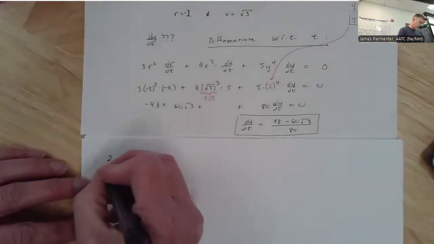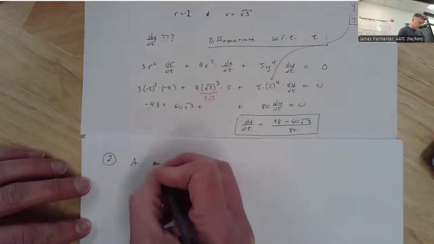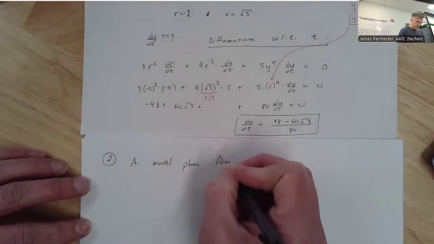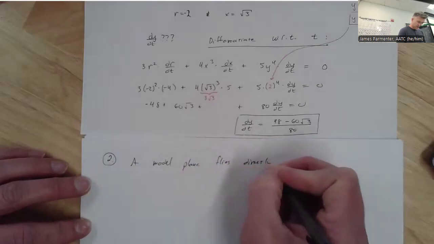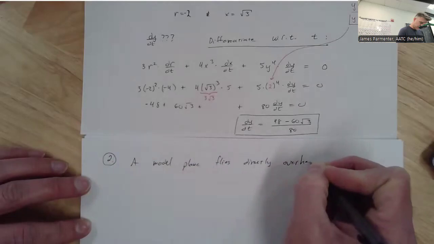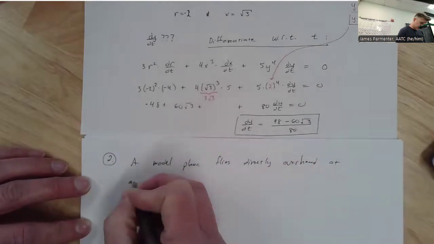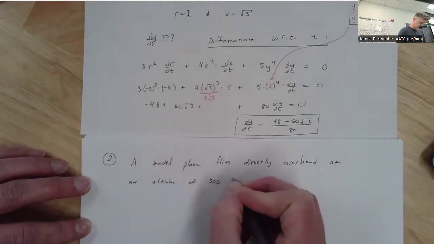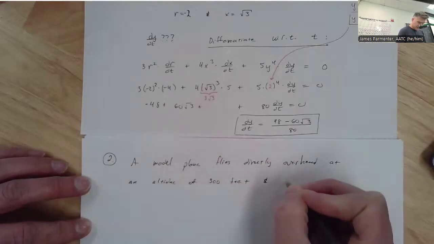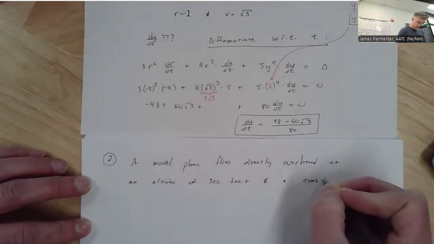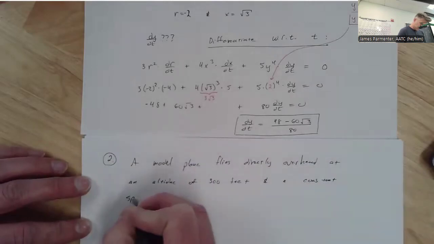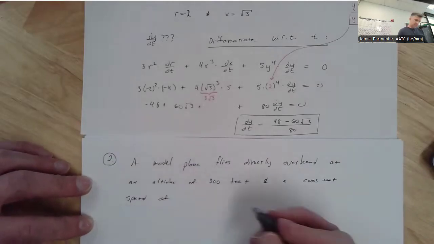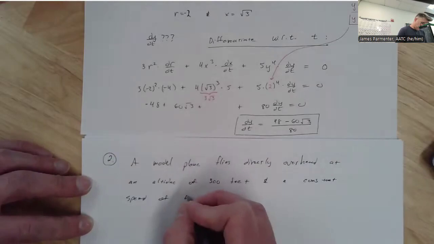So let's say we have a model plane flies directly overhead at an altitude of 300 feet and a constant speed of, I don't know how fast model planes go. Let's say it's 40 feet per second.